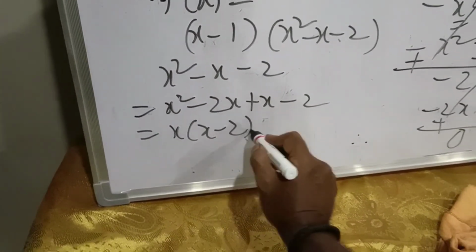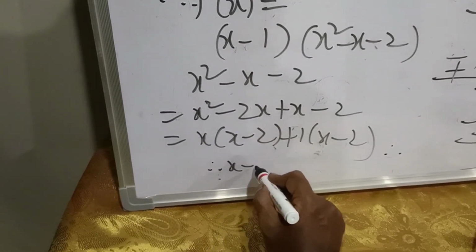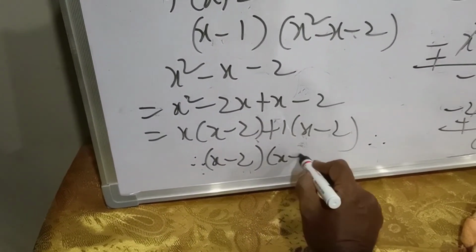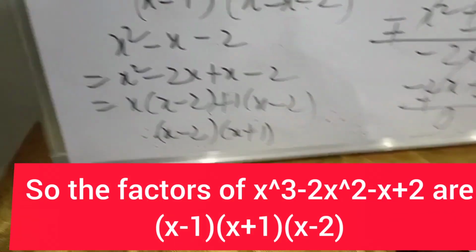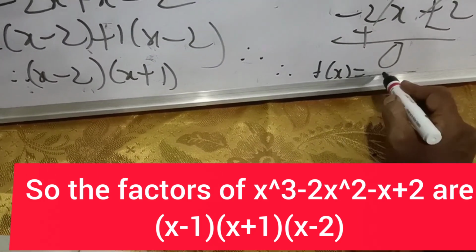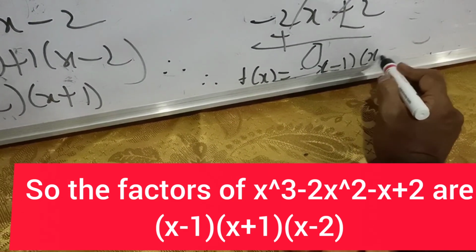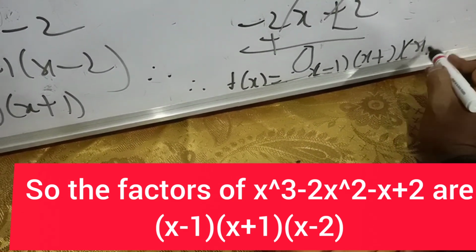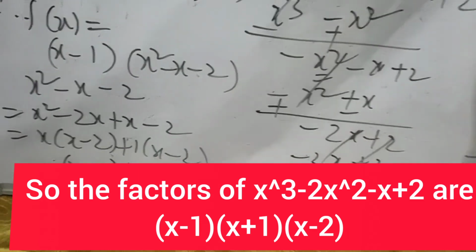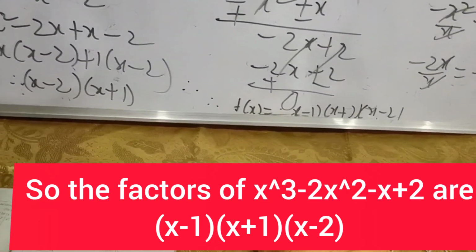X square minus 2x plus x minus 2, x into x minus 2 plus 1 into x minus 2, x minus 2 into x plus 1. Therefore, what are the other two factors apart from x minus 1? X plus 1 and x minus 2. So x minus 1 into x plus 1 into x minus 2.